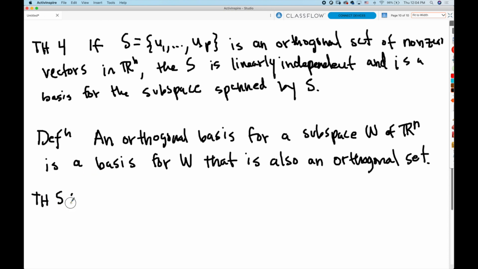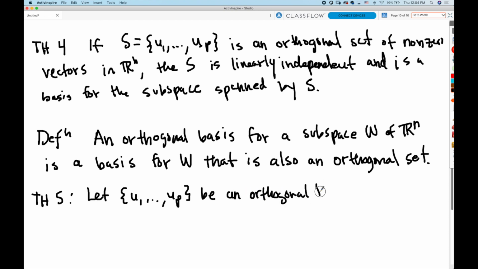Theorem 5 says we're going to let the set u1 to up be an orthogonal basis for a subspace W of Rn.